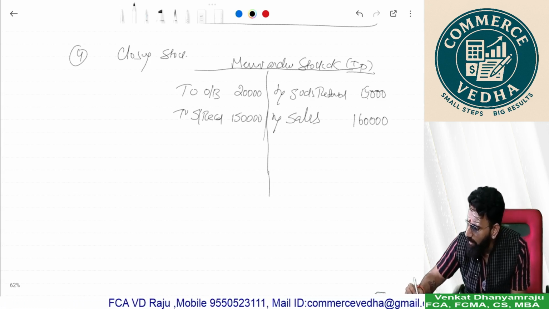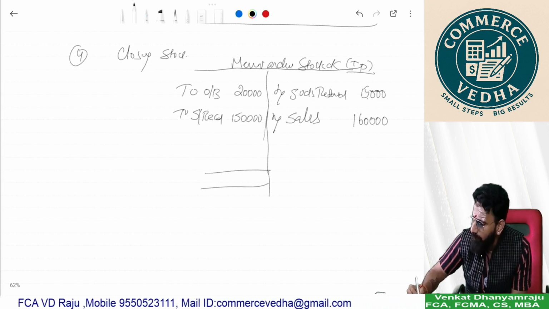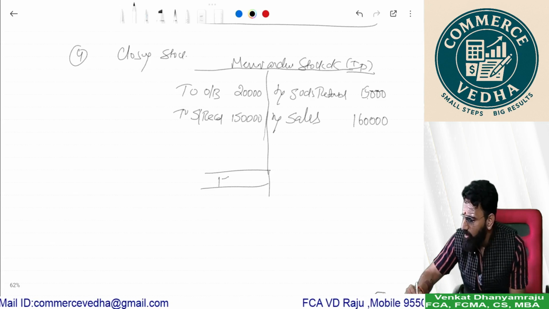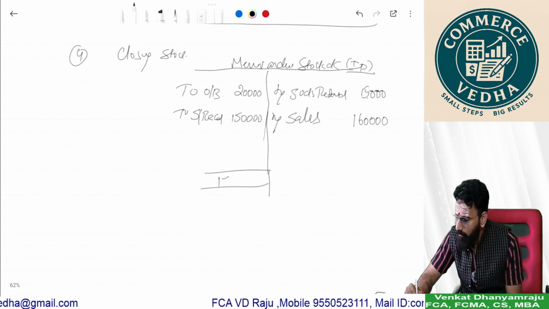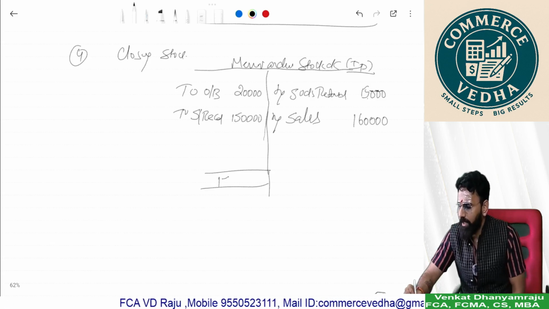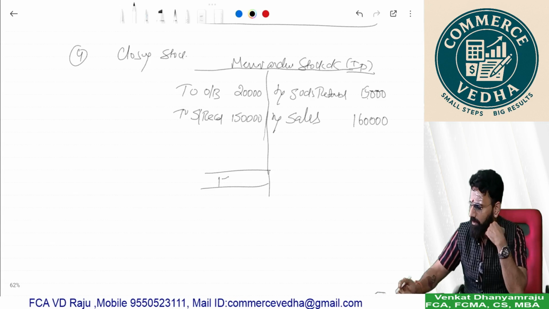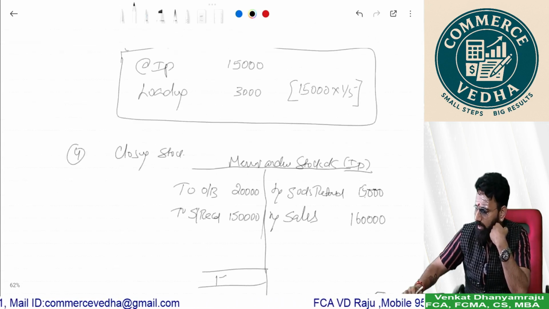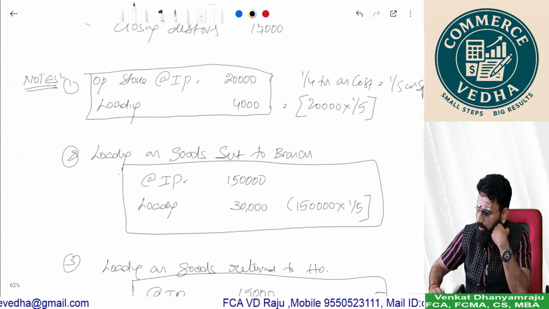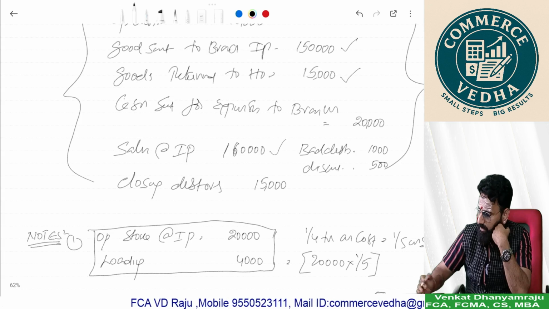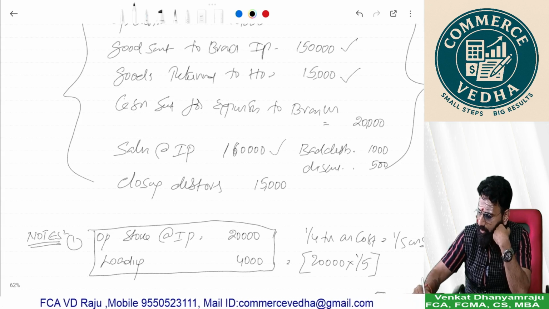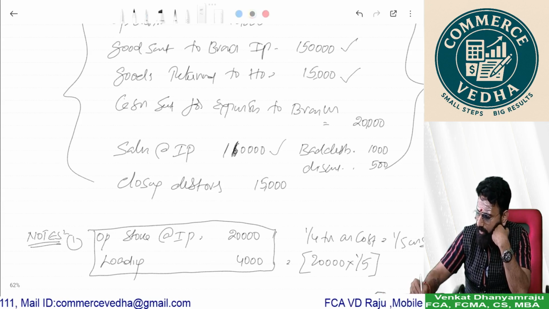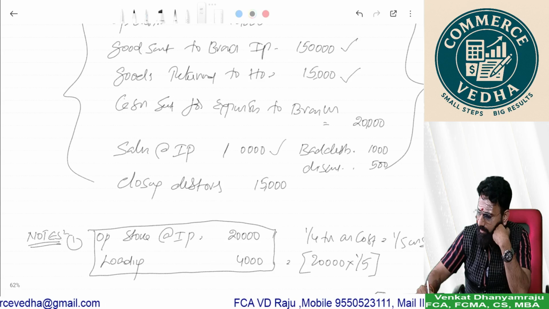So what is my total? 20,000 plus 150 goods returned and sales. I just want to change the sale value here. I'm changing it to 140 for a simple understanding.